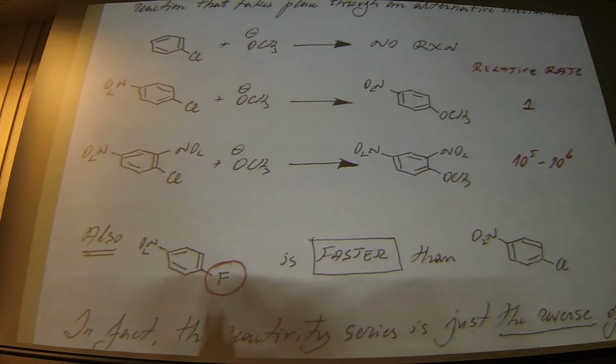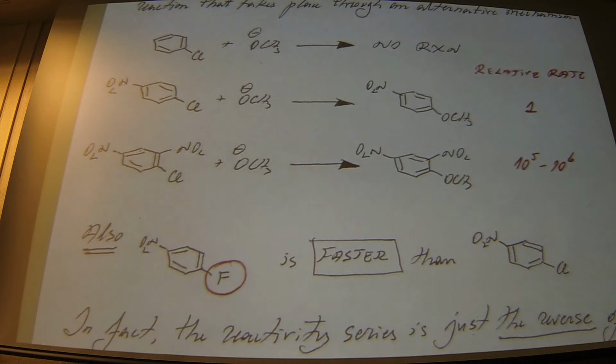Well, it tells you that you're not breaking the strong bond in the rate limiting step. So the reason the stronger carbon fluorine compounds are slow to react in SN2 chemistry is because in the SN2 reaction, remember, the rate limiting step, that bond has to break.